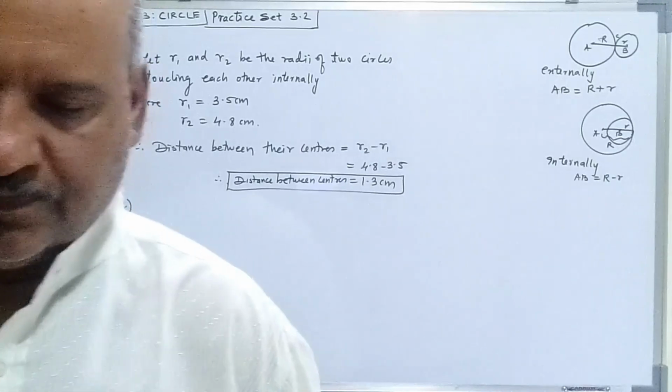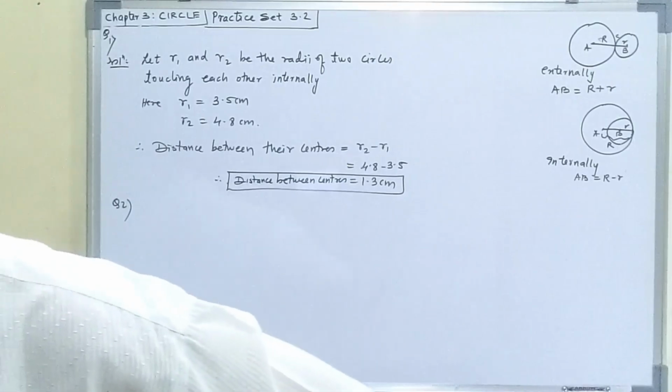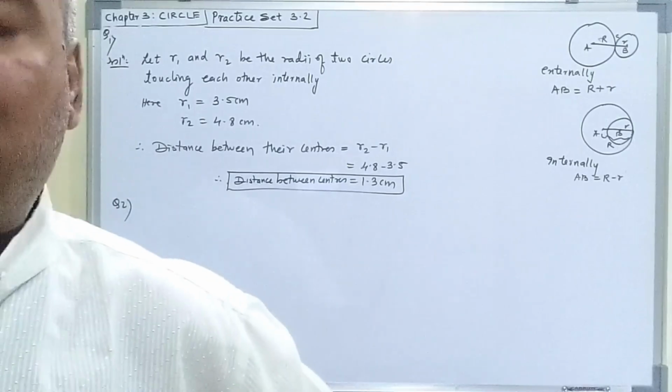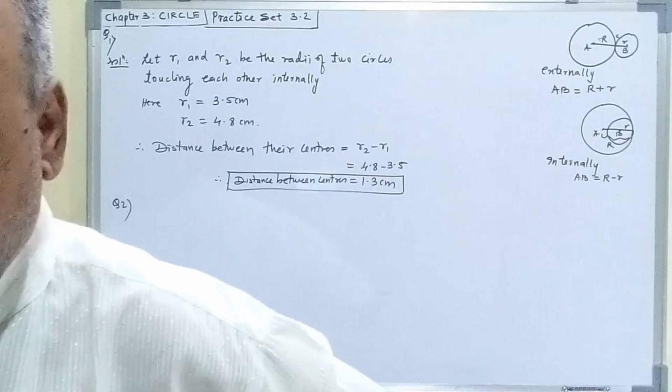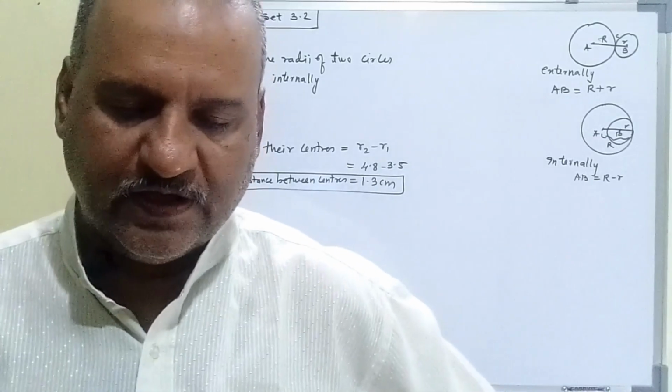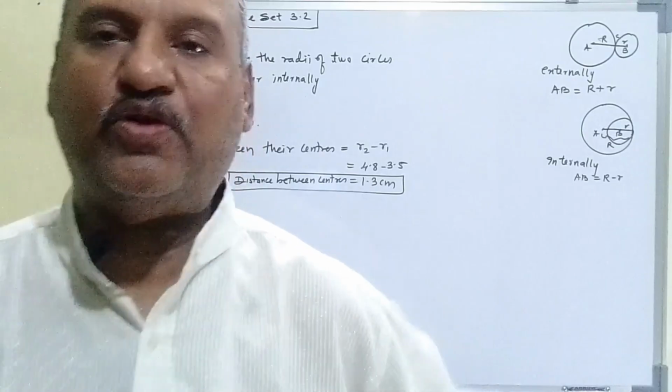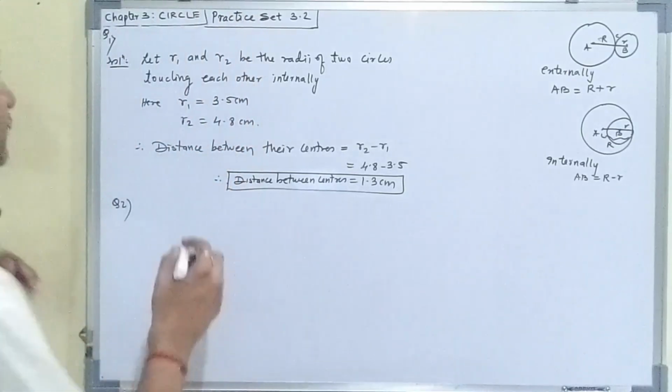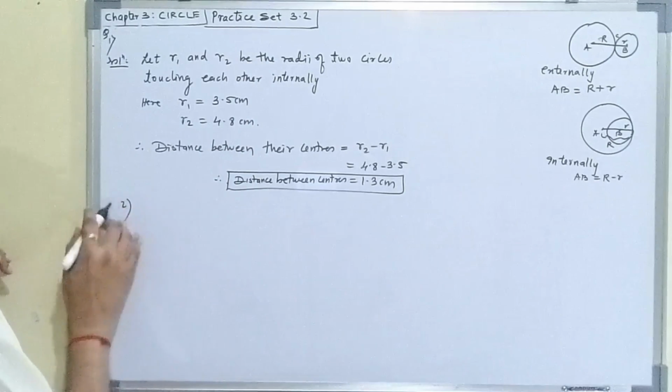Question 2. Two circles of radius 5.5 and 4.2 touch each other externally. Find the distance between the centers of 5.5 and 4.2. इसका भी solution.